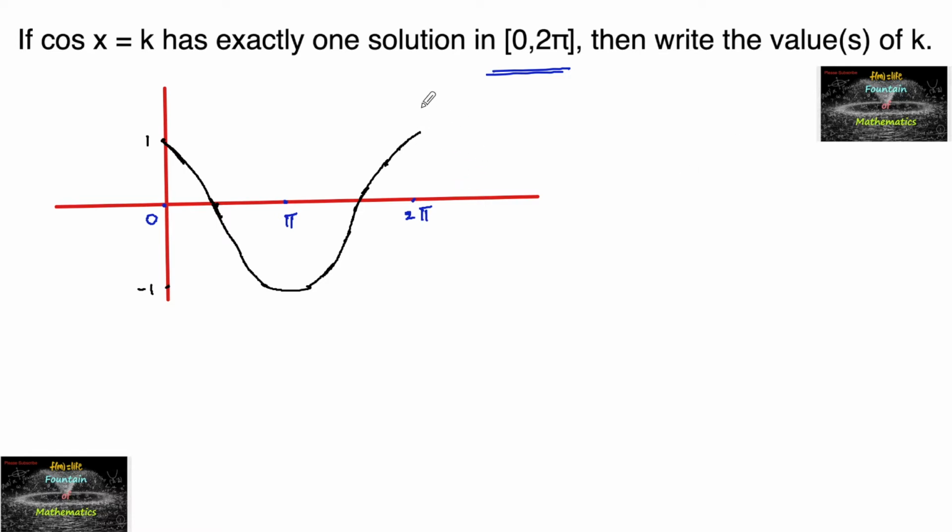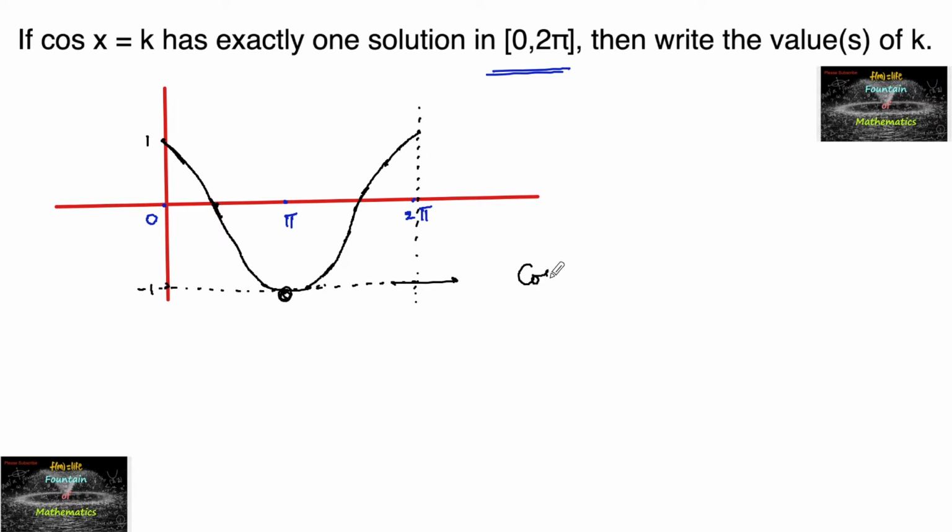So in 0 to 2 pi you get the graph in this manner, and if you draw any horizontal line, it cuts the graph at 2 points except at one point. You can see that for minus 1, at x is equal to pi, if you draw the horizontal line, it cuts at only one point, that is minus 1.